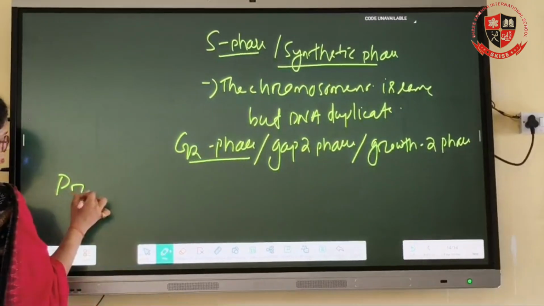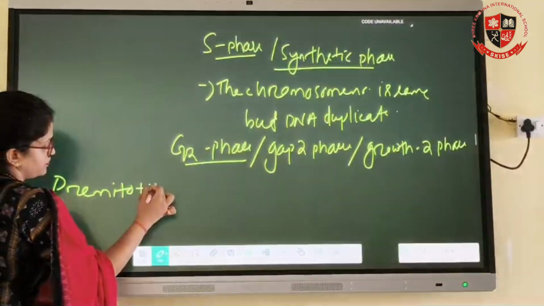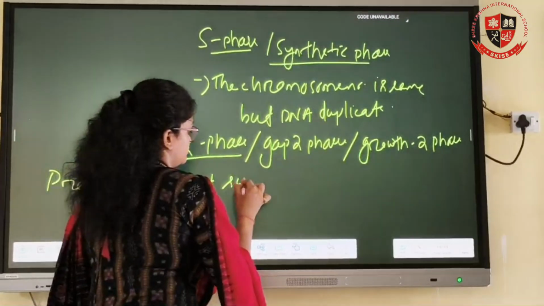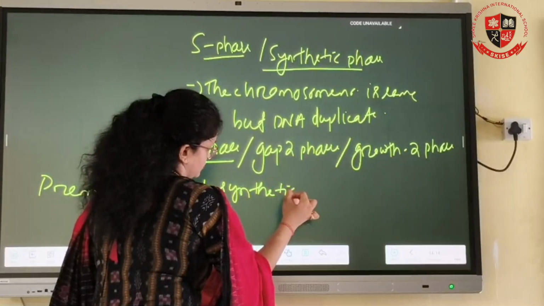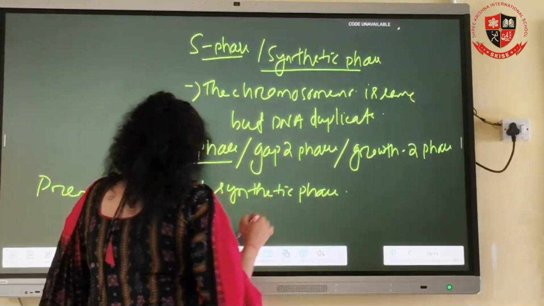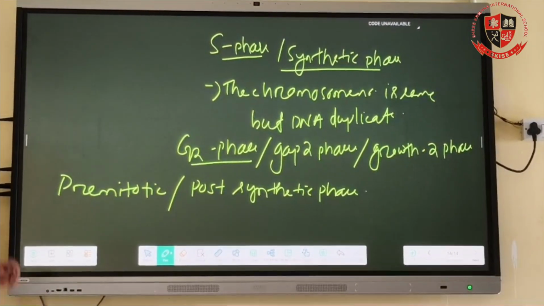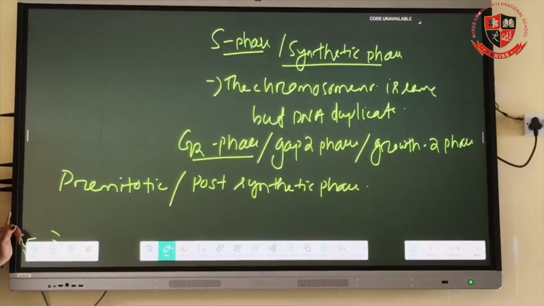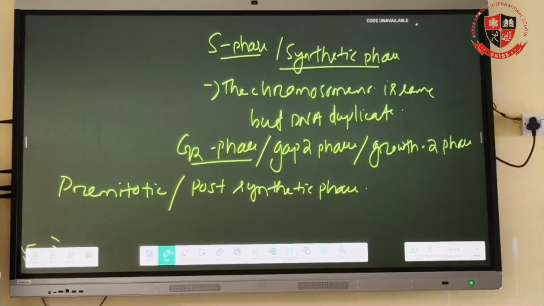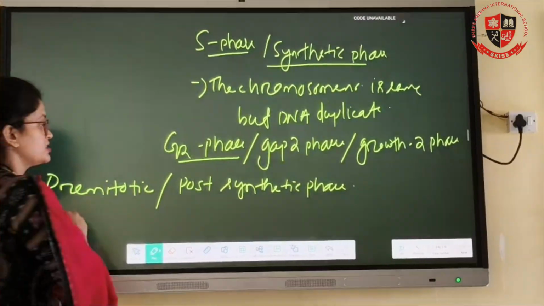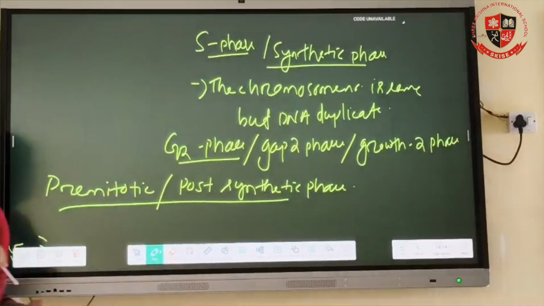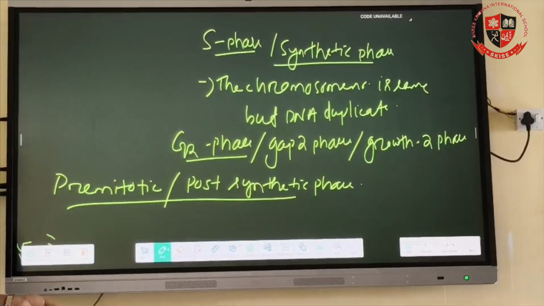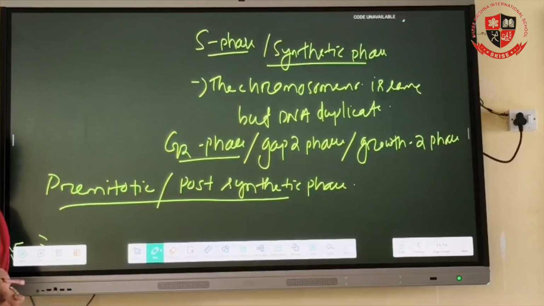Pre-mitotic means before the mitotic phase, the G2 phase occurs. After the S phase, it is post-synthetic. In this phase, what events occur? Only the semi-autonomous organelles are duplicated, that is, the mitochondria and chloroplast.